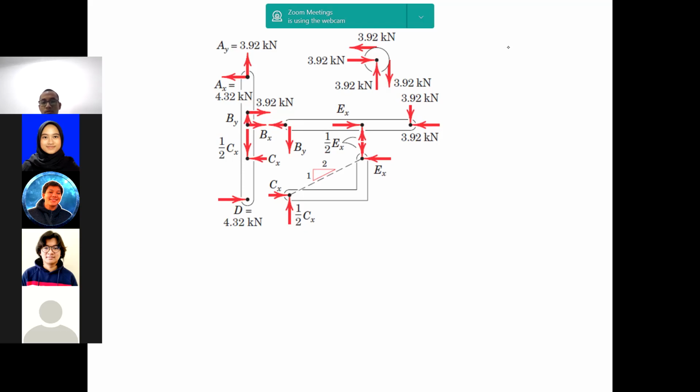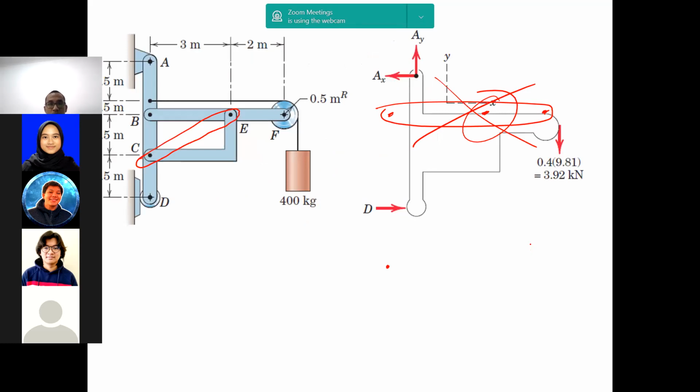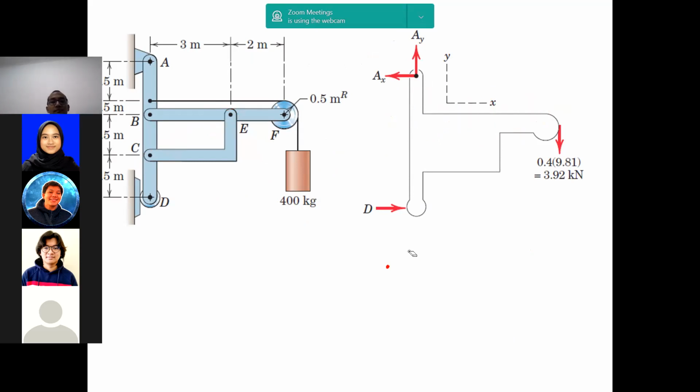I think I can just discuss this a little bit. In order to solve for this, we need to solve for the whole free body diagram first.